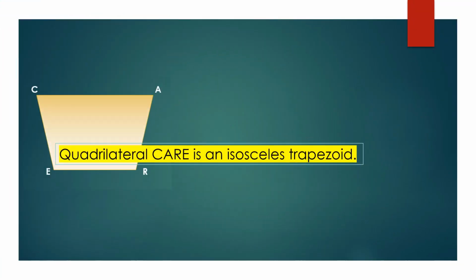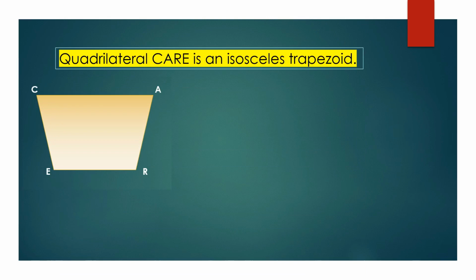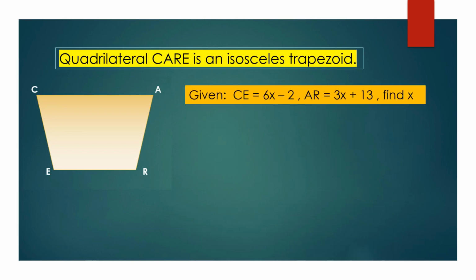Another example. Quadrilateral CARE is an isosceles trapezoid. Given CE equals 6x minus 2 and AR equals 3x plus 13. Find x. What theorem can be applied to answer this problem?